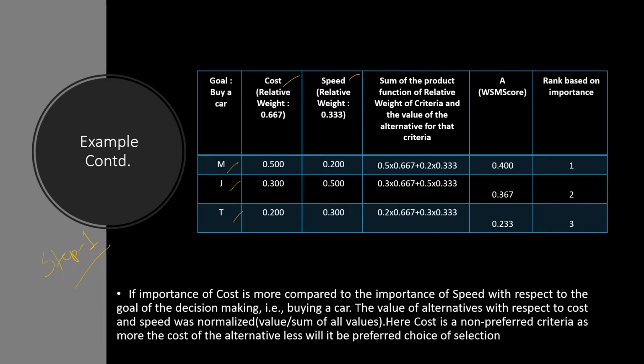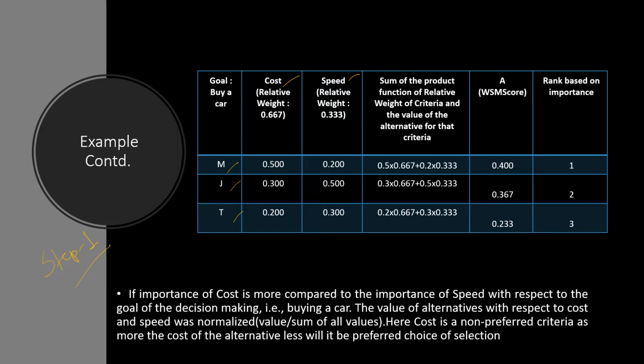The unit of cost and the unit of speed are different. The unit of cost is currency, and speed is kilometer per hour or miles per hour. So you cannot apply numerical operators like addition, multiplication and so on on values of different units. That is why it is always better to normalize and cancel out the respective units.